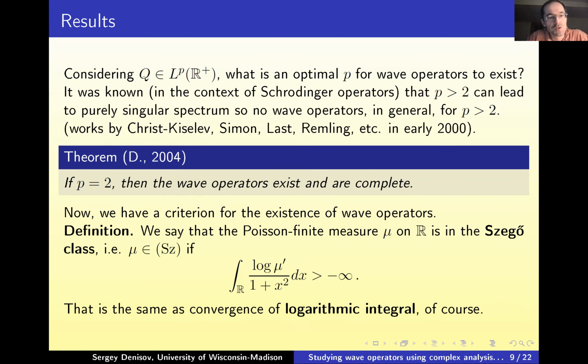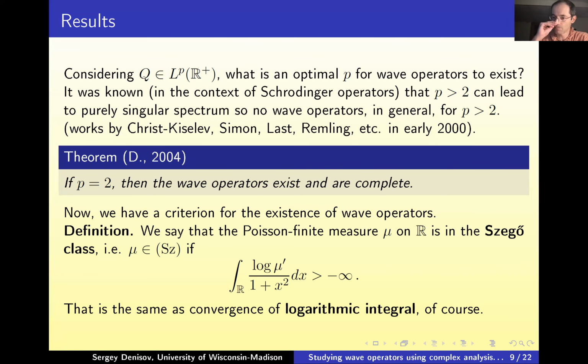If P is smaller than 2, then there were papers by Christ, Kiselev, Simon, Last, and Remling, and that was maybe 20 years ago. These papers were very important. They were trying to establish the asymptotics of generalized solutions, the generalized eigenfunctions, for almost every energy. But in fact, the sharp result can be obtained through a shortcut.